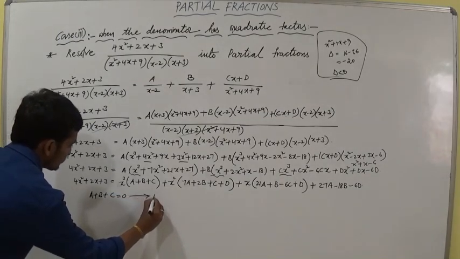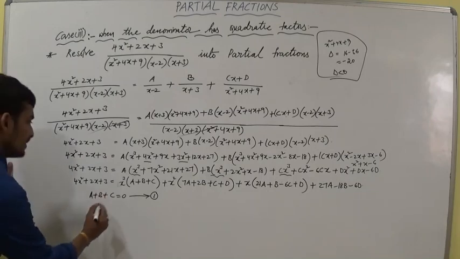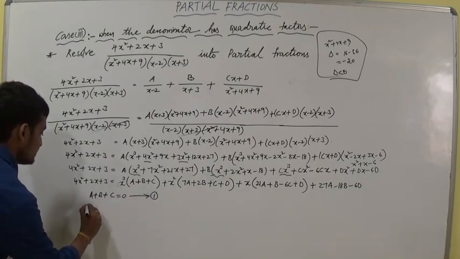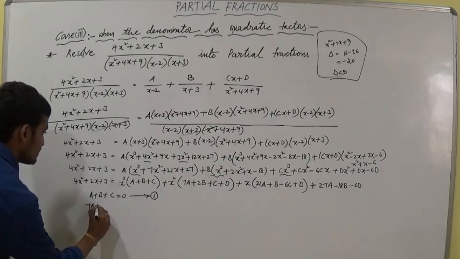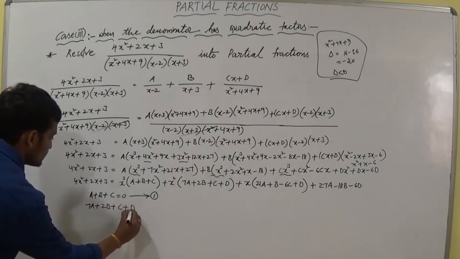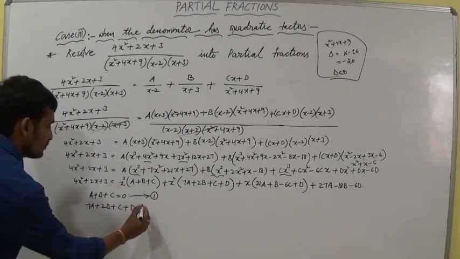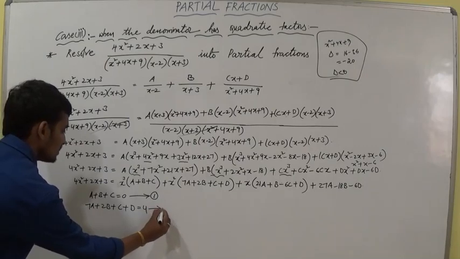This is equation number 1. Here x square terms: 7A plus 2B plus C plus D is equal to, the x square coefficient is 4. This is equation number 2.